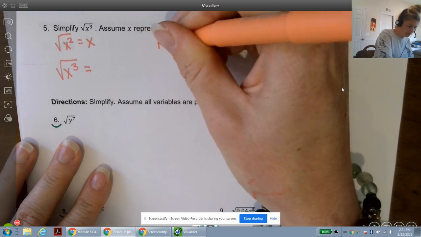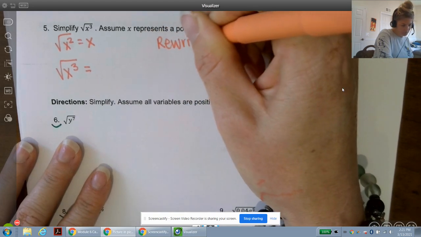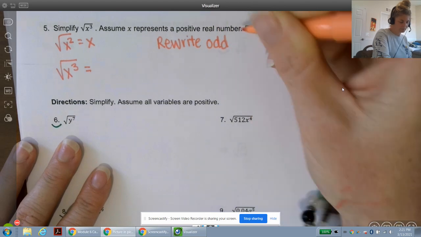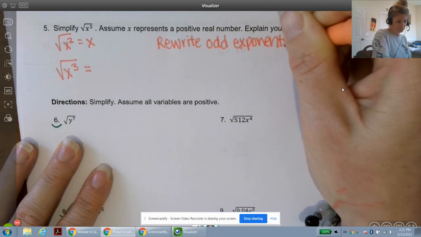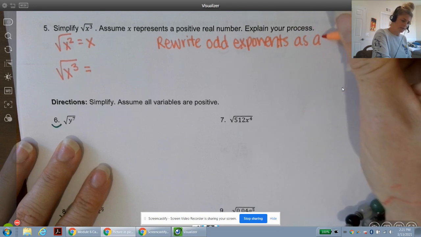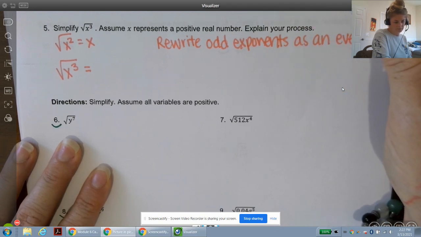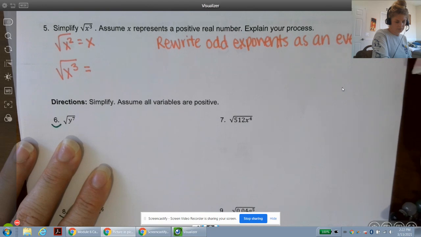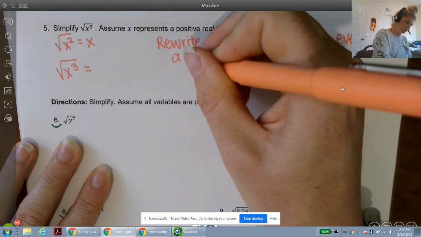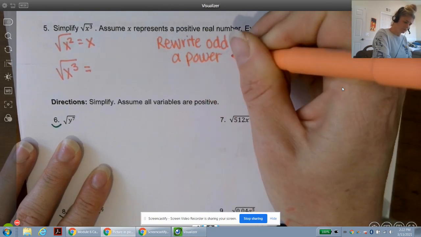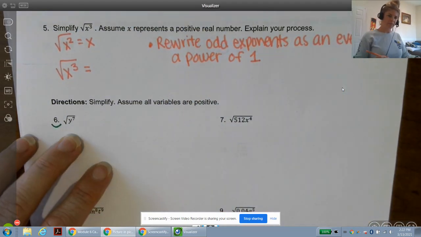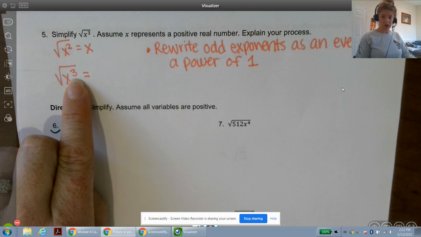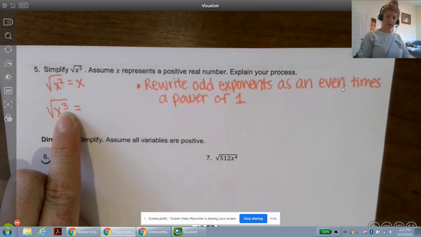So rewrite odd exponents as an even exponent times a power of 1. Okay, so what does that mean? Well, 3 is an odd number.